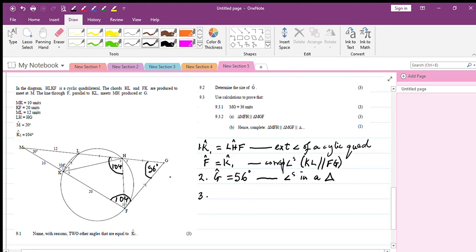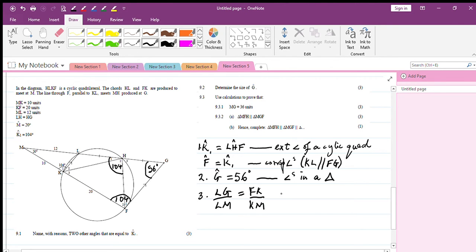So let's start. We will start by saying LG over LM must be equal to FK over KM.